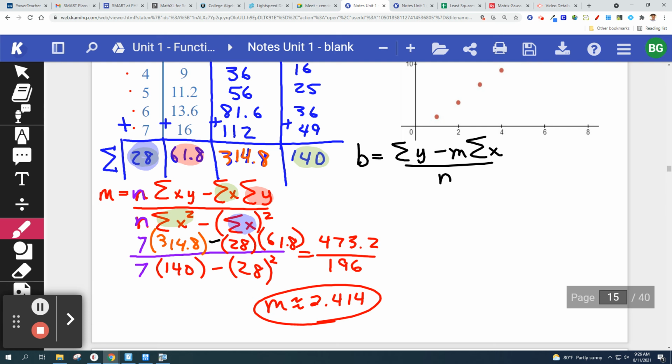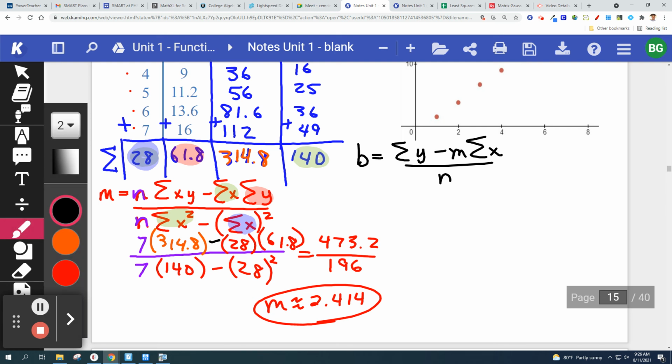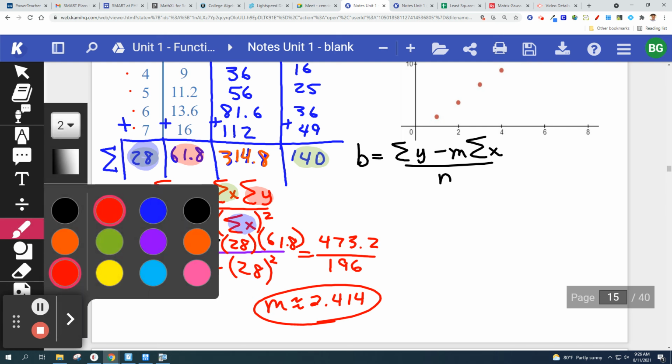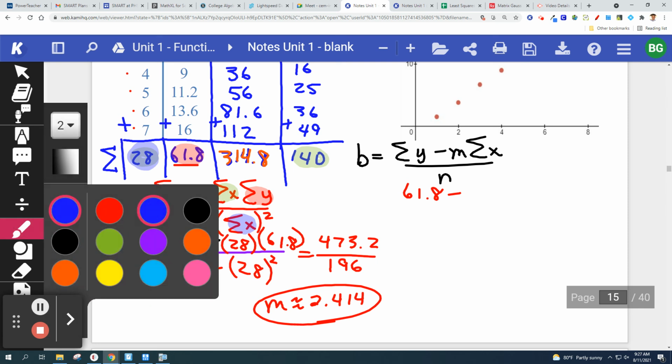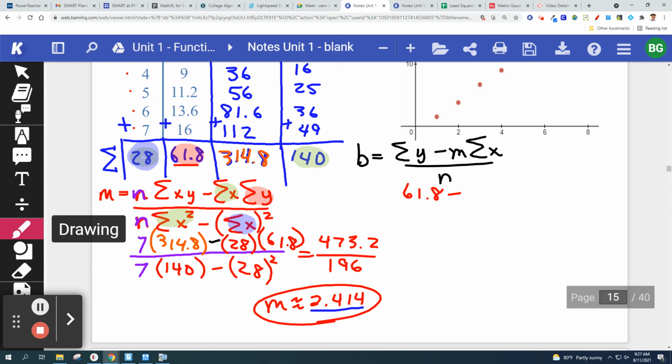So sigma y was this number right here, 61.8. So we've got 61.8 minus m, the number that we just found. We just found m was 2.414. Feel free to use more of the number than just 3 decimal places, but I'm going to be fine if we just round to 3 decimal places. But that's your m number.